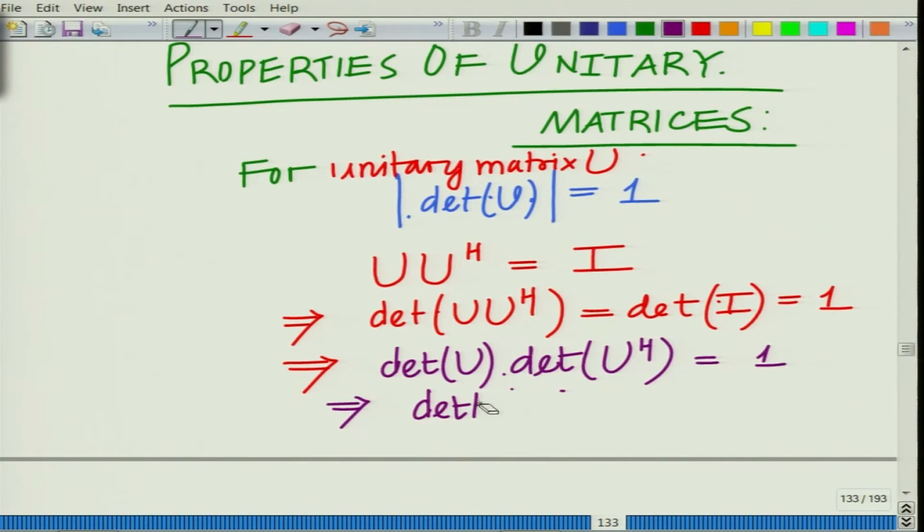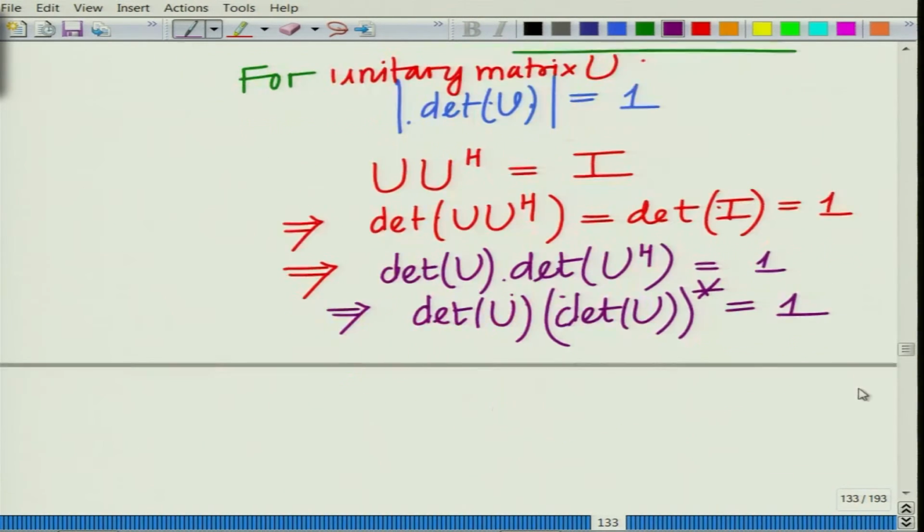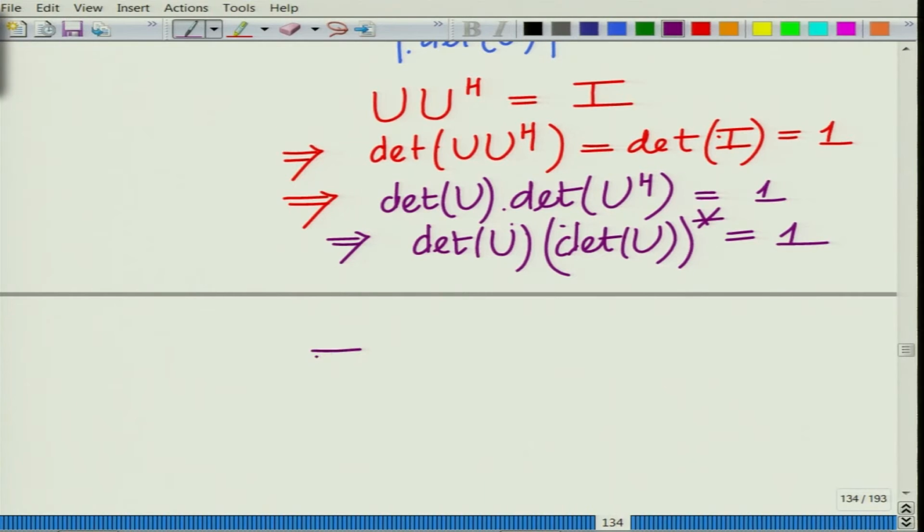So, you can write this as determinant of U times determinant of U conjugate equal to 1. This essentially implies that magnitude determinant of U square equal to 1.